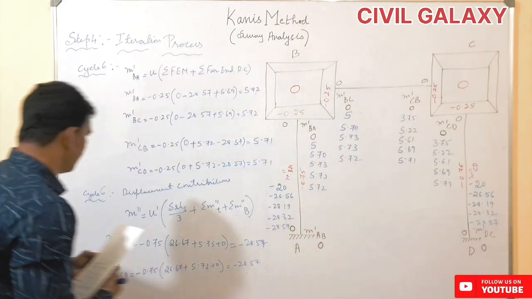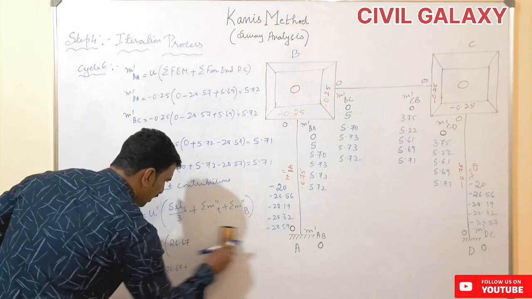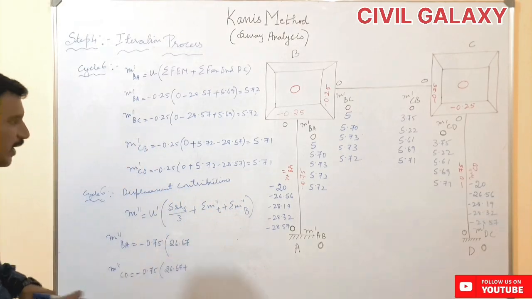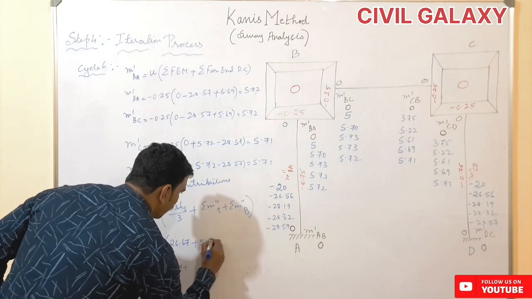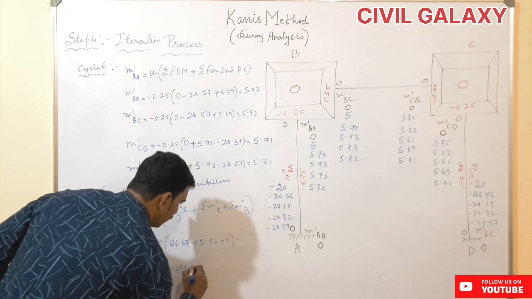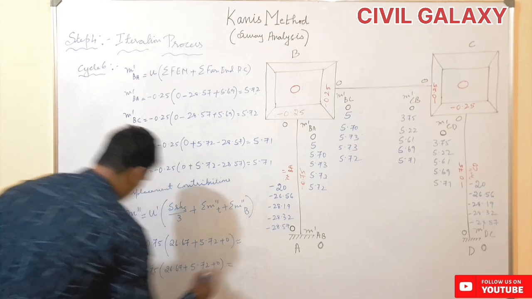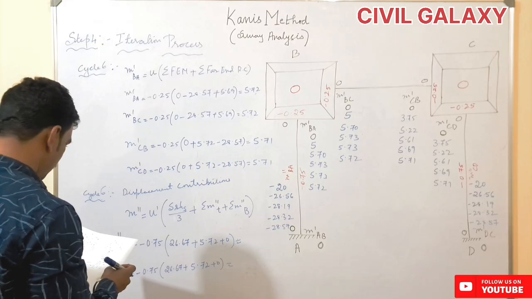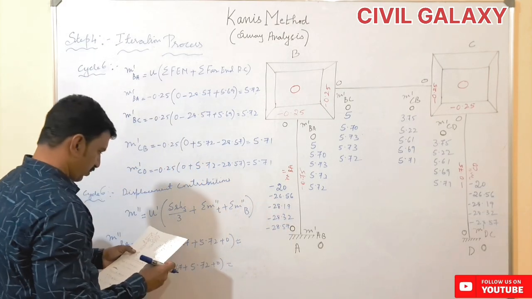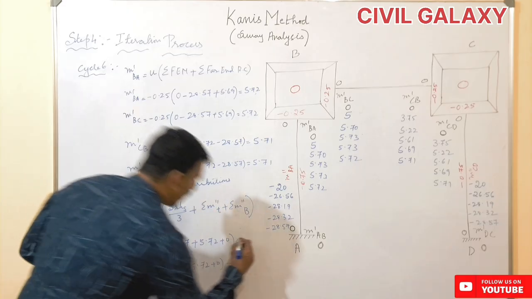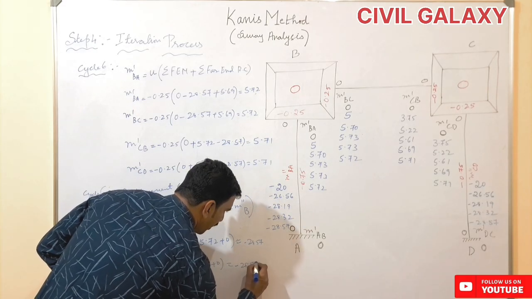Now if you want to find out the displacement contributions for the sixth cycle, see here, we are having a new value, that is plus 5.72 plus 0 plus 5.72 plus 0. So we get a value of minus 28.57, minus 28.57, and here also minus 28.57.